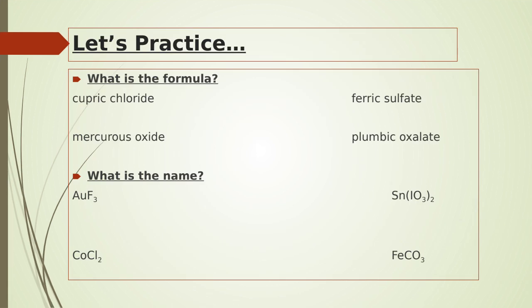So now we put together the Latin names and the suffixes of these metals and come up with formulas and names of these compounds. So here we start with cupric chloride. So remember, Latin name of copper is cuprum, but we apply the suffix, either "ic" or "ous," in order to denote what charge.